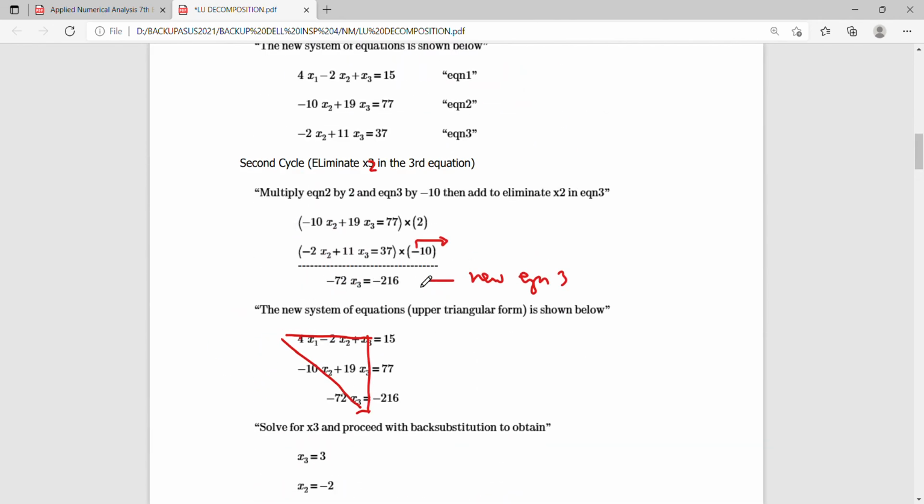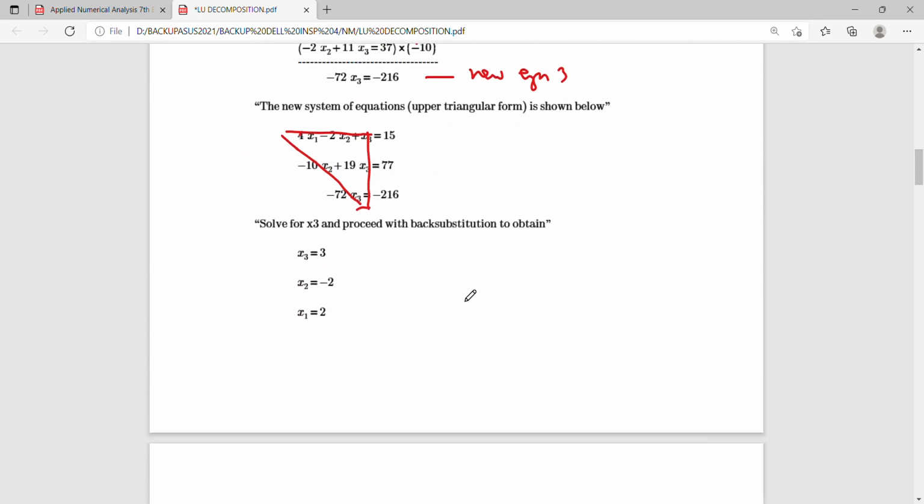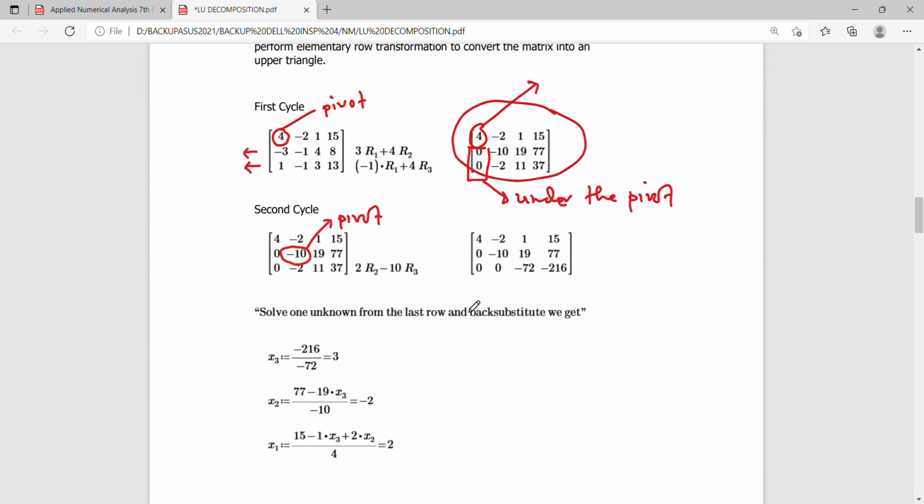on our second cycle. Okay, so this is your 2R2, and this is the negative 10R3. Okay, so this is simply 2R2 negative 10R3.